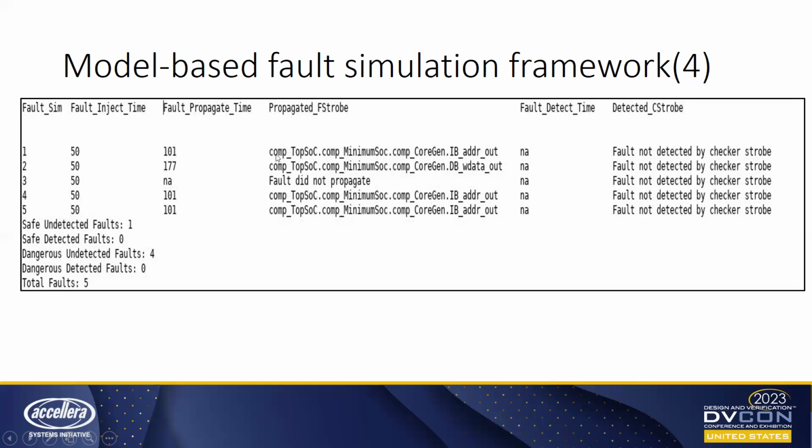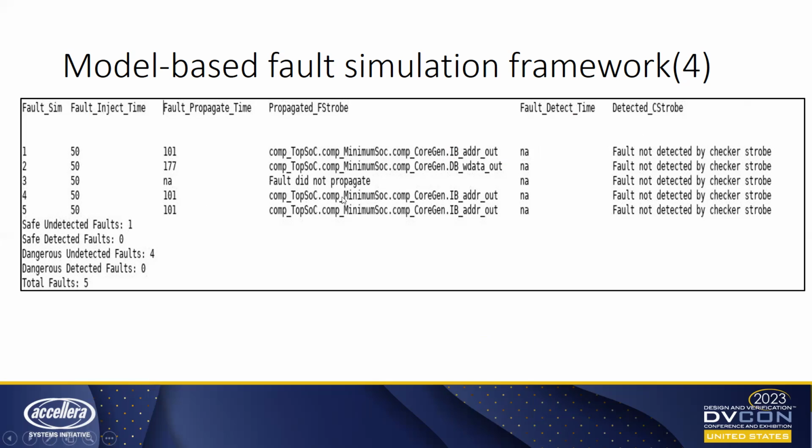And here it's showing where the fault propagated, at which strobe. So here it would be on top SOC, and it would be the IB address out. And here we have the fault detection time. So if we have a safety mechanism, when the fault was detected by the safety mechanism. And here in the end, we would see which strobe of the safety mechanism detects a fault.